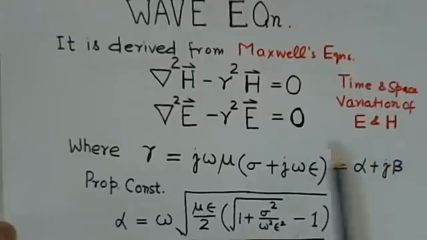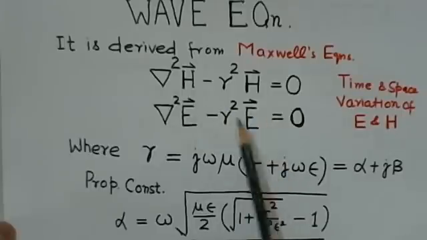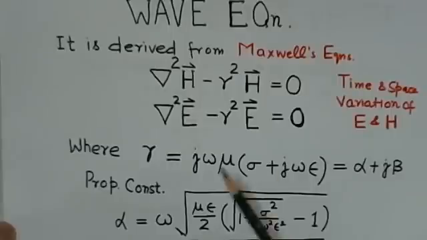That means there is a time variation of the field, and there is a space variation through this del operator. And these wave equations have been very successfully used to predict the propagation of electromagnetic waves, the plane waves, in media, maybe free space, conducting media, or perfect dielectric media, and so on.